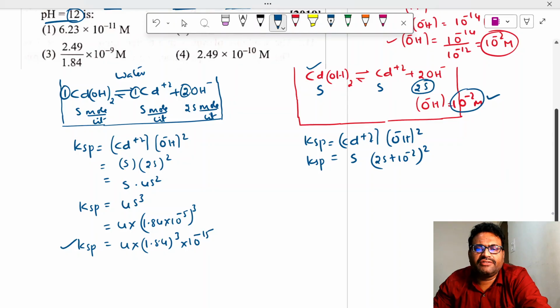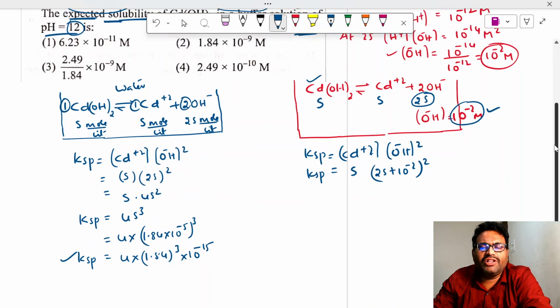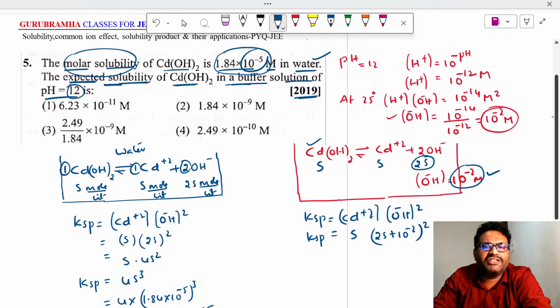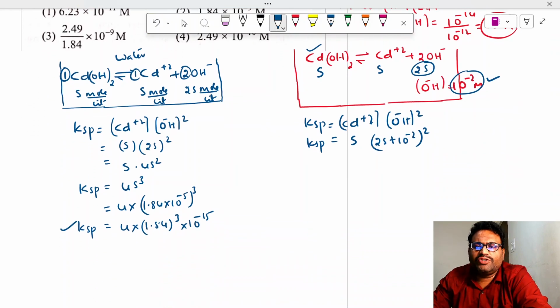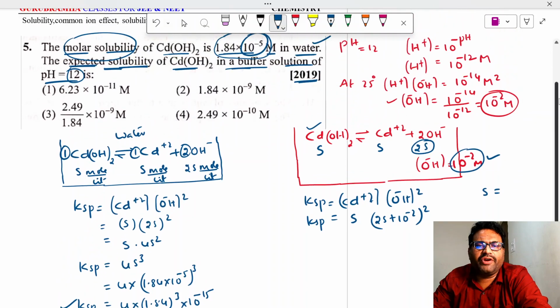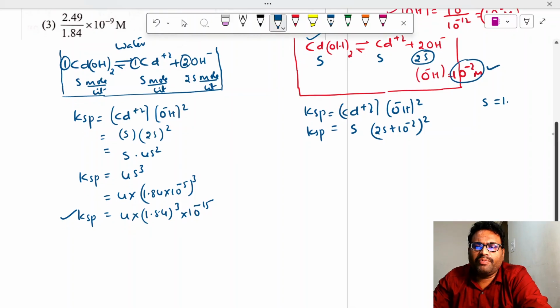Are you getting this? Anyway, you know that solubility is already given. It is in the range of 10 power minus 5. S is 1.84 into 10 power minus 5, already given in the question.